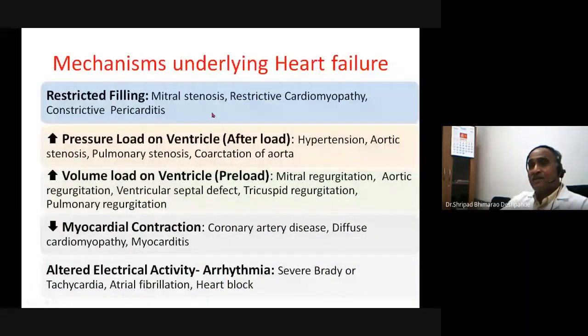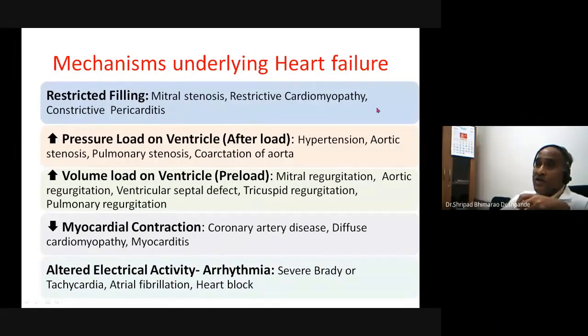Restricted filling. These are the mechanisms underlying heart failure. I have made it into 5 categories: restricted filling, afterload, preload, contractility, and electrical activity. Under restricted filling, we have mitral stenosis, that means the blood is not coming from the left atrium to the left ventricle.